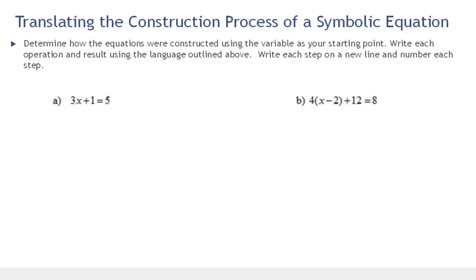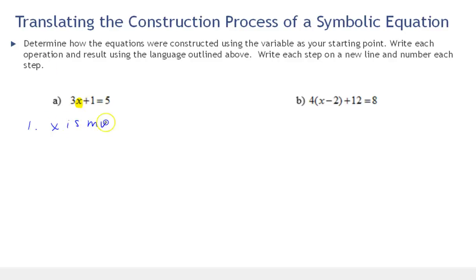We're going to think about how this equation is constructed, starting with the x value. I'm going to put step 1 here. If you put a value in for x, what is the first operation you would do? Well, x is multiplied by 3. That's how we're going to start.